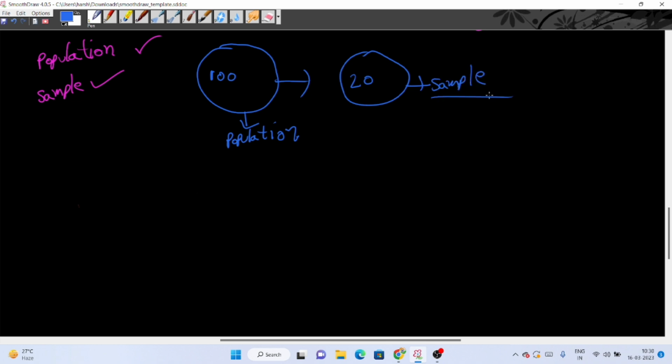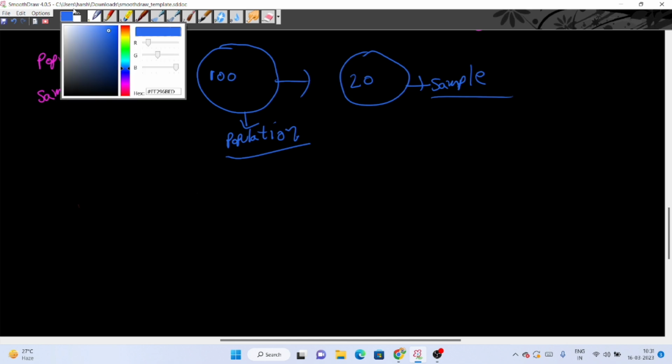So we can define a sample as a portion of the population. Population means we have the entire data, but sample means we have only some particular part of the data. This is the sample and population. And for variance also, we have different formulas for population and sample. Let me explain those now.